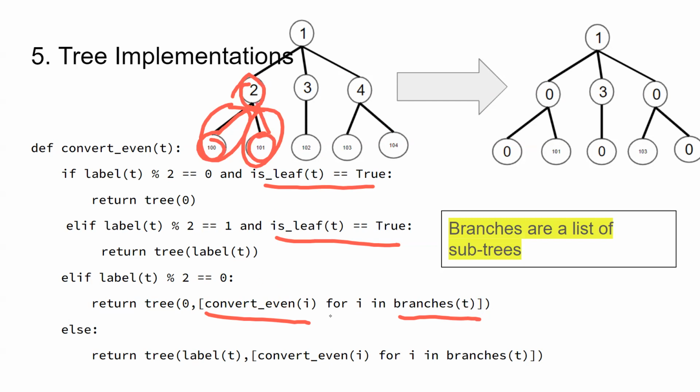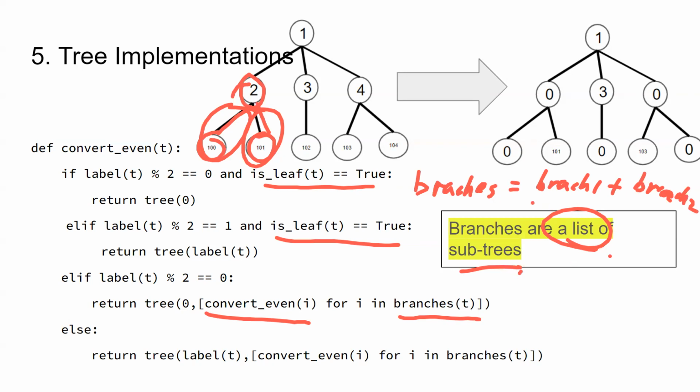So we use this comprehension because branches is branch 1 plus branch 2, etc., a list of subtrees. So you use list comprehension to collect all the modified branches.